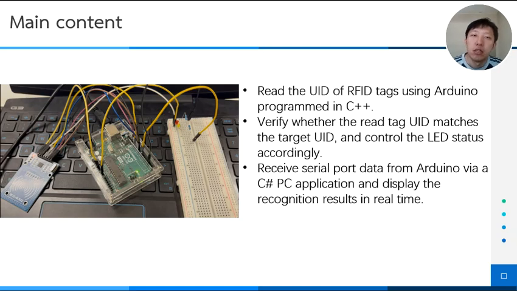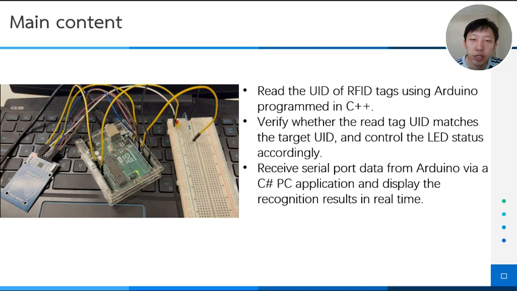First, clarify three core objectives. Use Arduino C++ to read the unique UID of RFID tags. Compare the read UID with the preset target UID. Turn on the LED if matched, turn off if not.